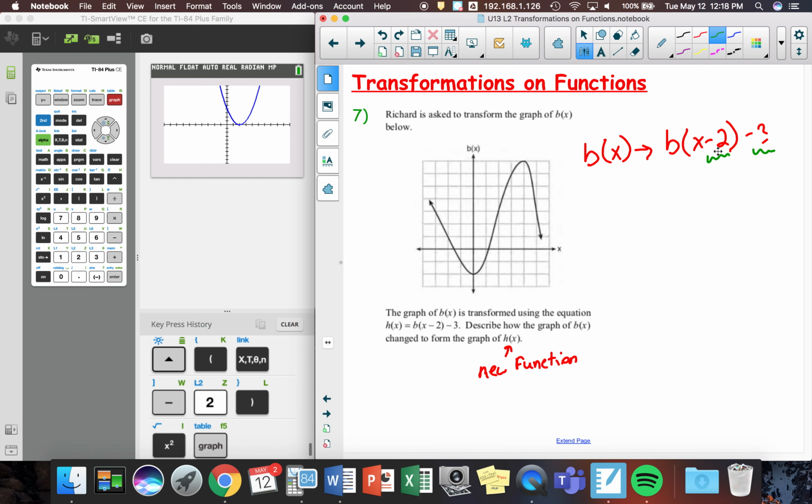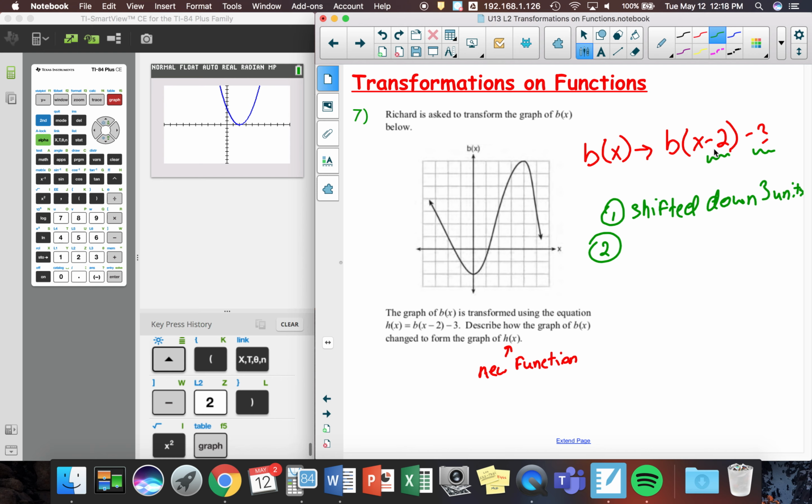So all we need to do is describe what these two things mean. The minus 3, since it's on the outside, I like to start with that first. So the first thing is that since it's minus, it's shifted down 3 units. And 2. Since I have a minus on the inside, is that left or right?